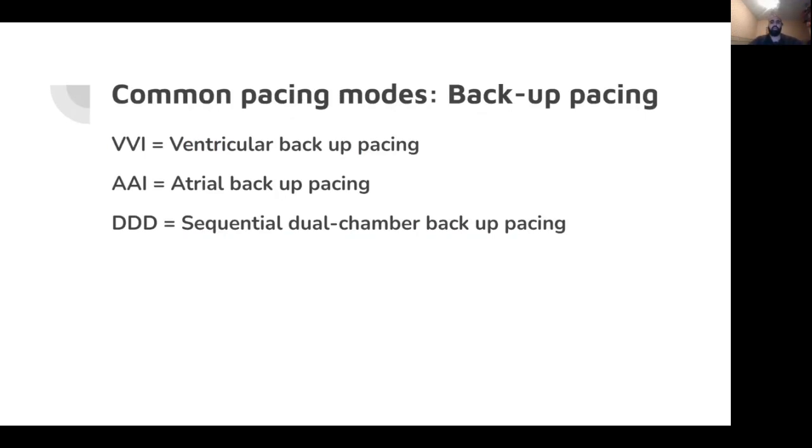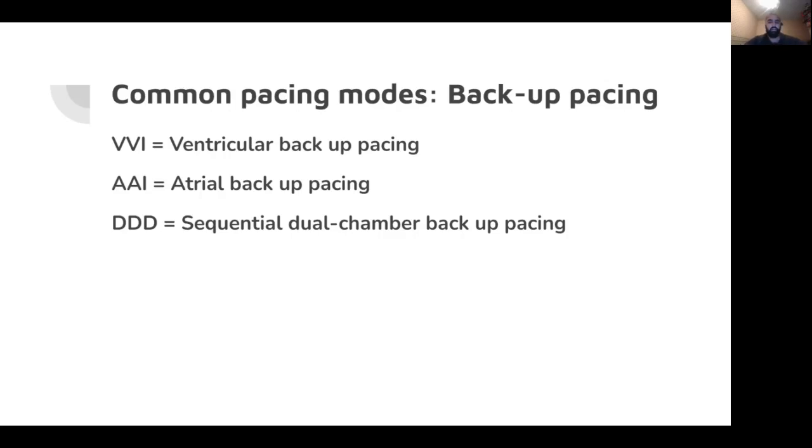And really, when it comes to the pacing box that we have in the wards, there are three main settings that we can use: VVI, AAI, and DDD. These are the three that you need to know and learn about and be aware of. I'll explain how they generate the acronym. But essentially, VVI is ventricular backup pacing, AAI is atrial backup pacing, and DDD is sequential dual chamber backup pacing.